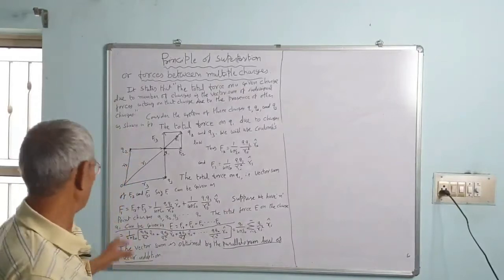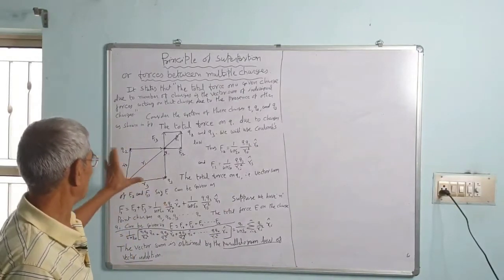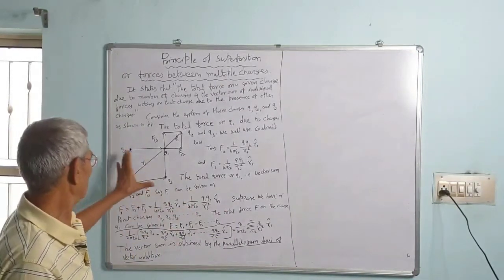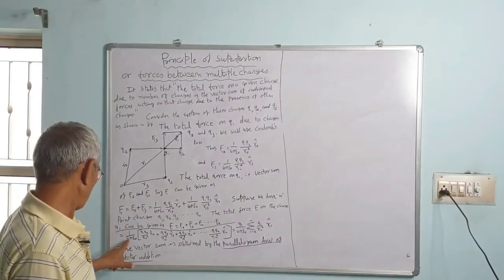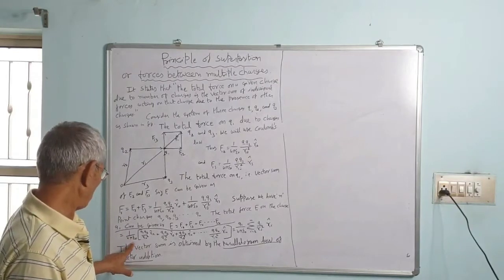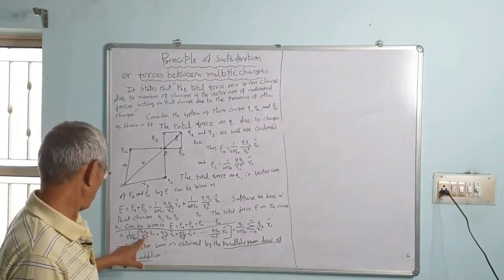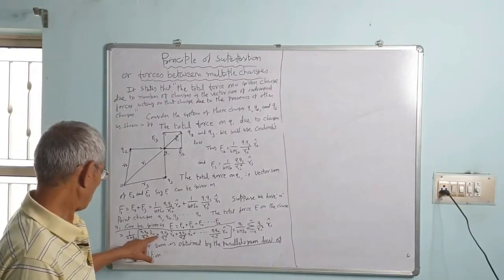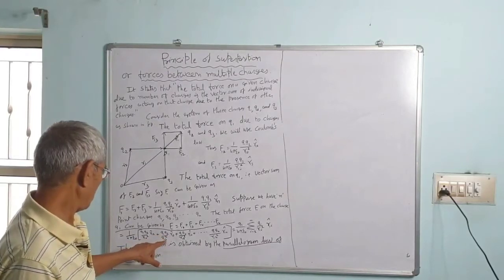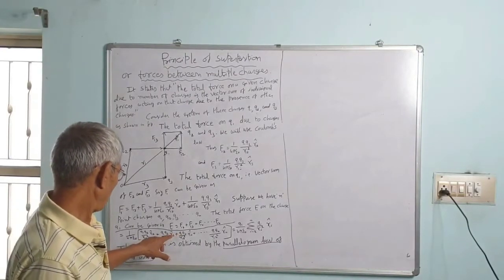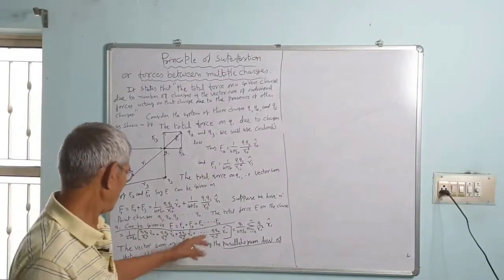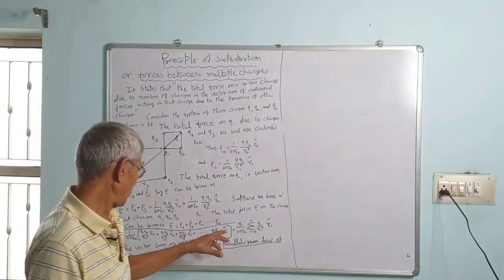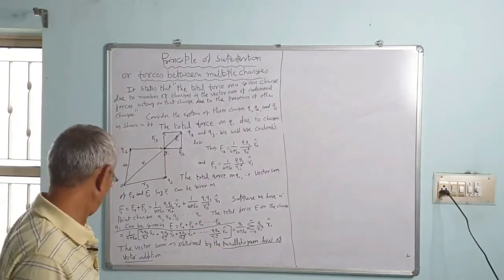Suppose we have n point charges. Instead of these two charges, there are n point charges. What is the force due to all n charges on Q1? That could be given by 1 upon 4 pi epsilon 0 bracket Q1 Q2 upon R12 square unit vector plus Q1 Q3 upon R13 square unit vector plus Q1 Q4 and so on, up to Q1 Qn upon R1n square if there are n charges.